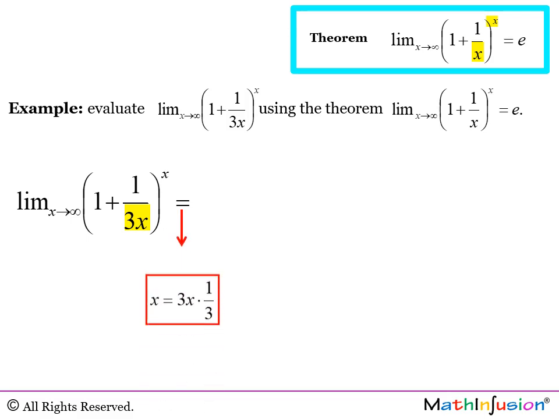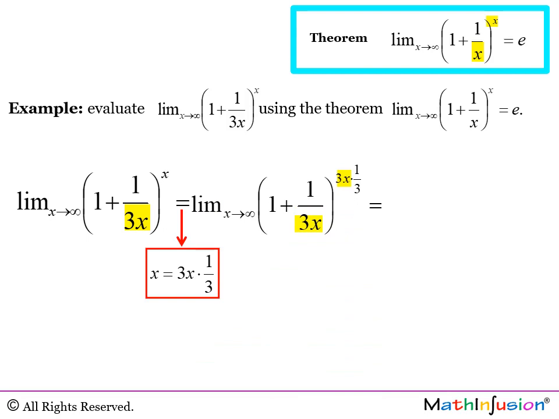Let's do the algebra. It's pretty simple algebra. I want to include 3x, but I have only x. So it is 3x times 1 over 3. I didn't change anything. But now I can use the rule of limits, and the rule of limits allows me to just gather this and then apply the 1 over 3.